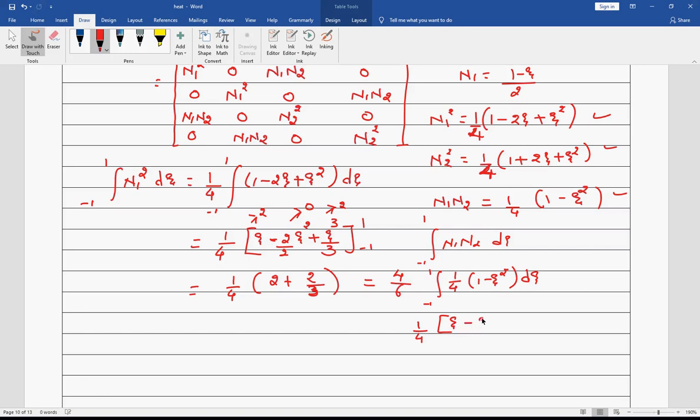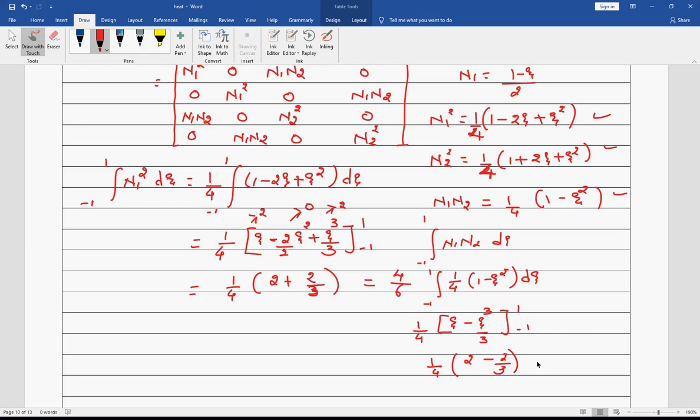So I get xi minus xi cube by 3, from minus 1 to 1. So I get 1 by 4 times (2 minus 2 by 3). So 6 minus 2 is 4. Okay, so 4 by 3.